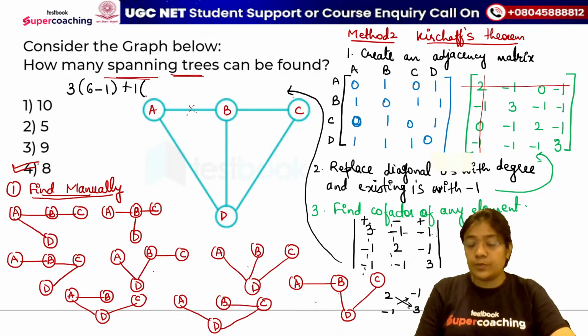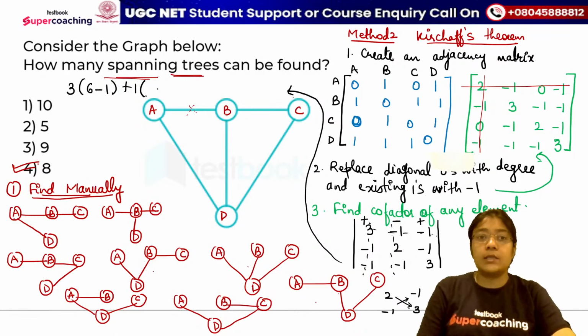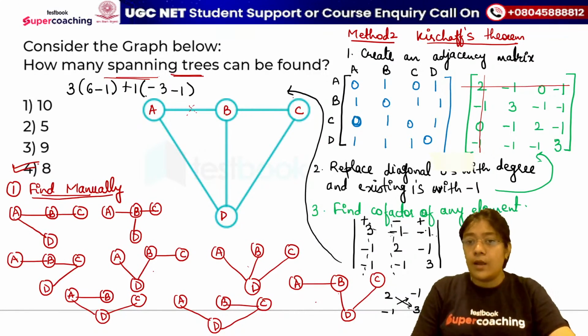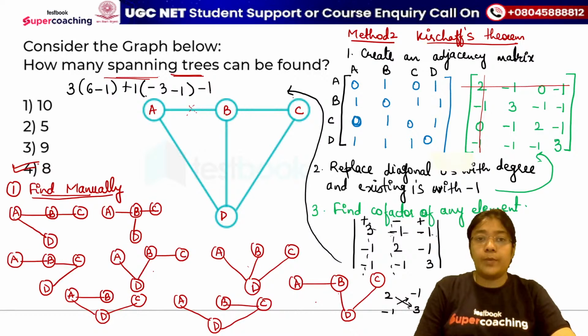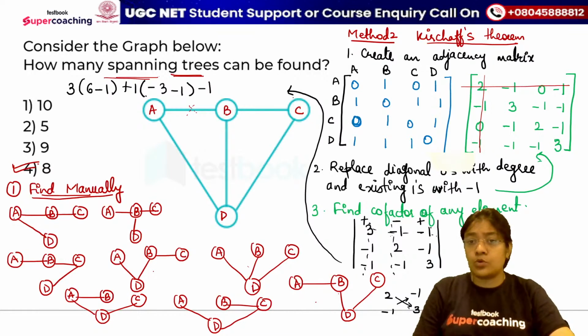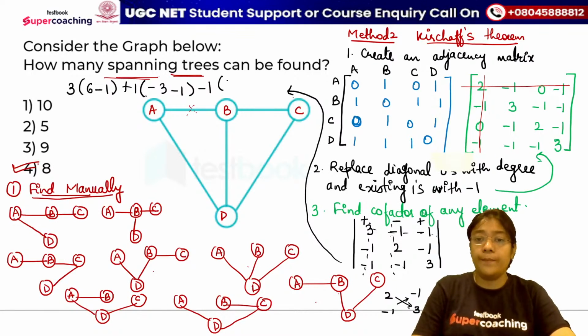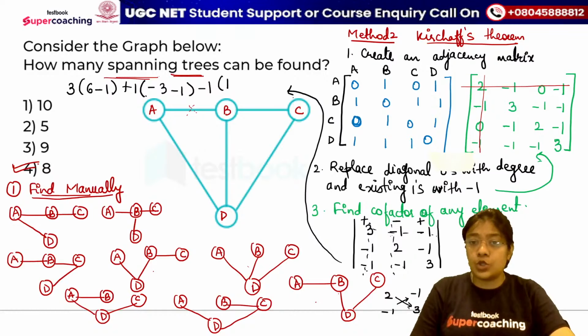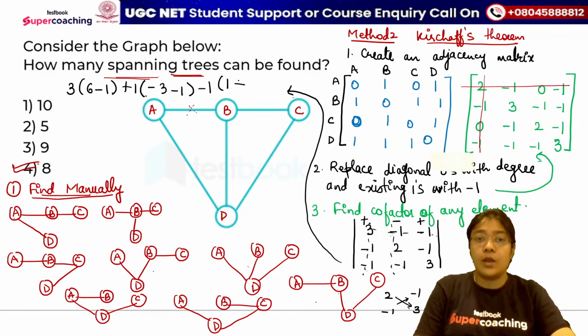Again, this belongs to this row and this column. So it is -3 minus 1. Then plus of -1. This will be -1. Last row, last column and first row को हटा दो. So -1 and -1 is 1. -2 and -1 is 2 plus 2.